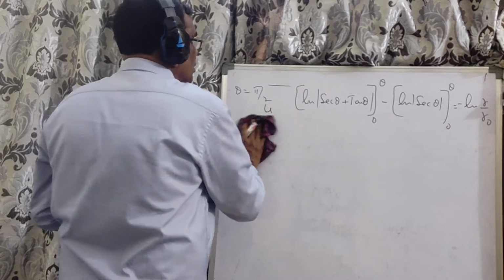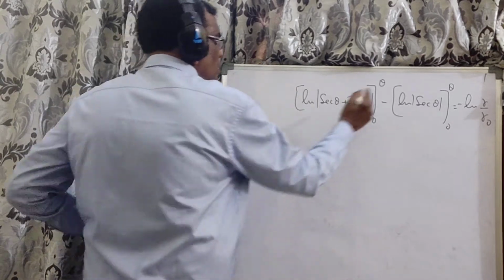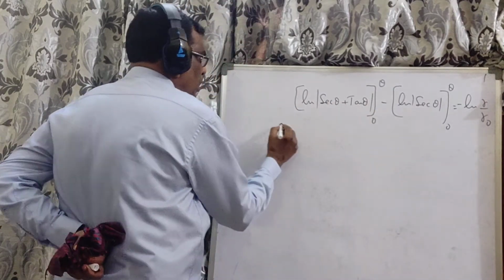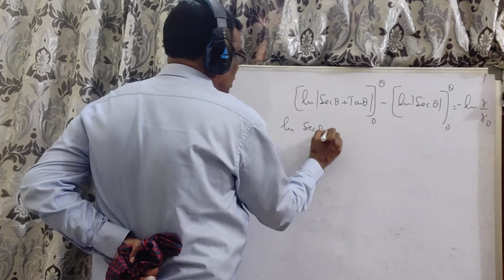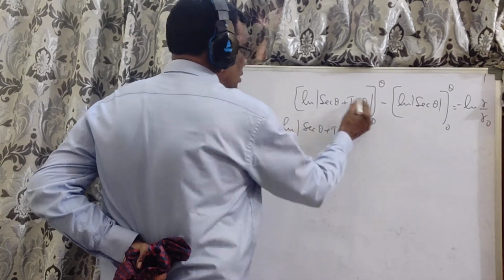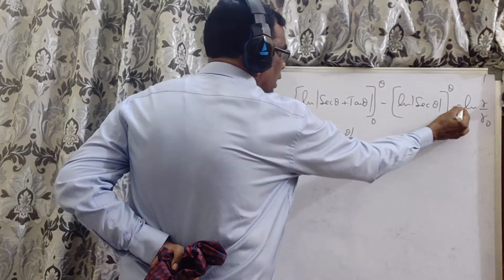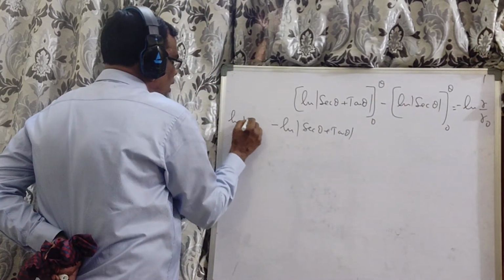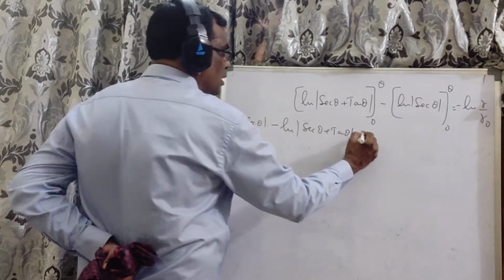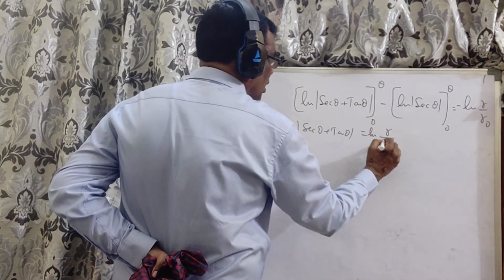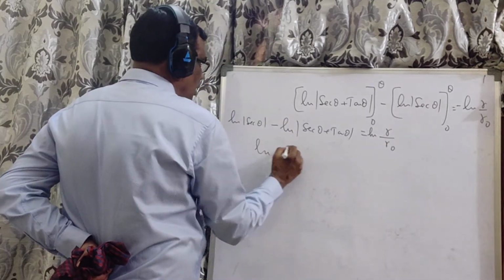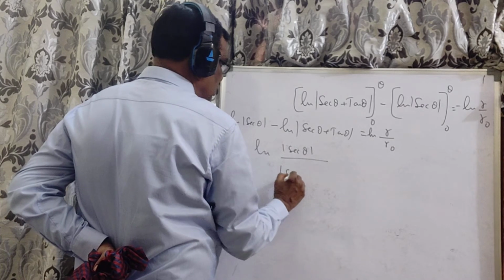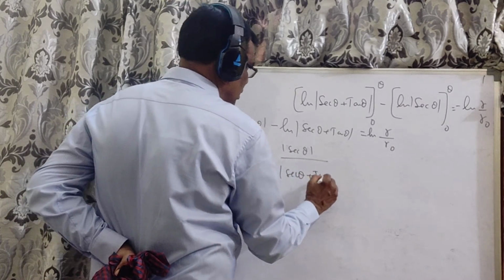So what are you getting? Theta 0 means this is 0, this is 1. So ln of sec theta plus tan theta, with the negative sign removed, and this becomes ln sec theta, and this is equal to ln r by r naught, or ln of sec theta by sec theta plus tan theta.